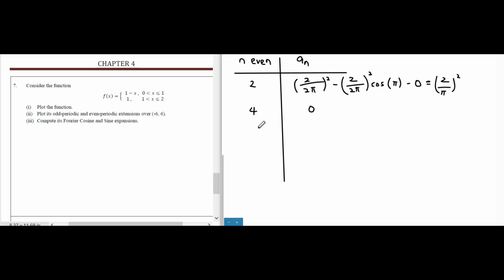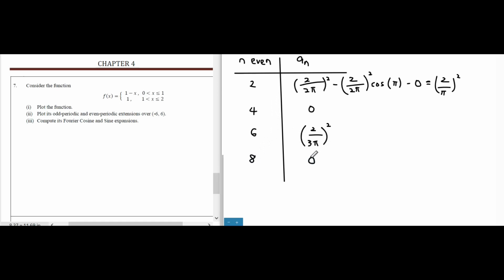Substitute by 6, we get the value of... Is the pattern clear? 2 over pi square, 0, 2 over 3 pi square. If it is unclear, you may continue the list.